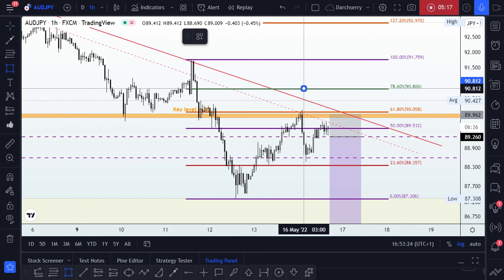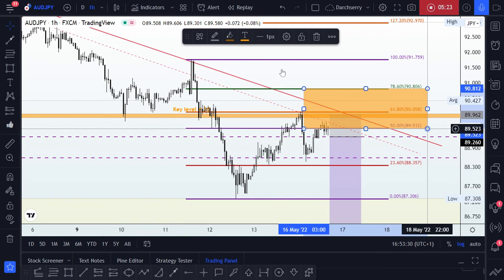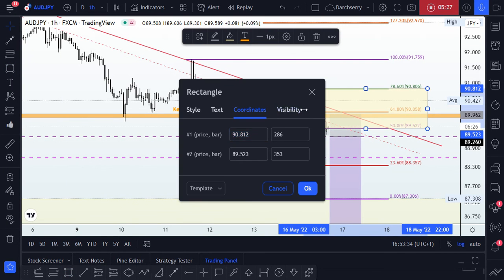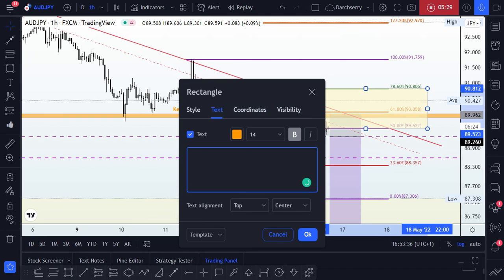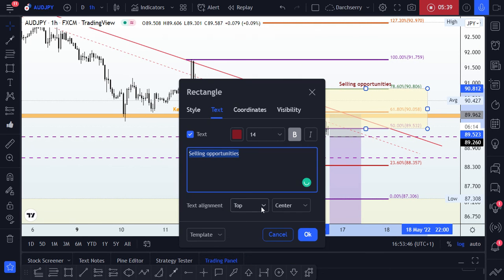That's between 78.6 and 50% retracement of the last impulse leg. And we will be having something like this, with the hopes of seeing a selling opportunity within this area. So allow me to put this right inside the box.